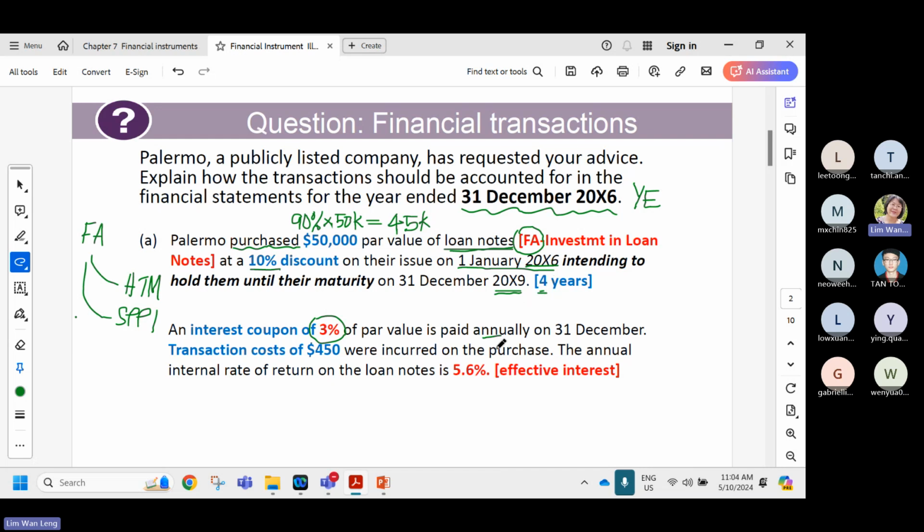That means for the next 4 years, while you hold this financial asset to maturity, you're going to be paid 3% of the par value.